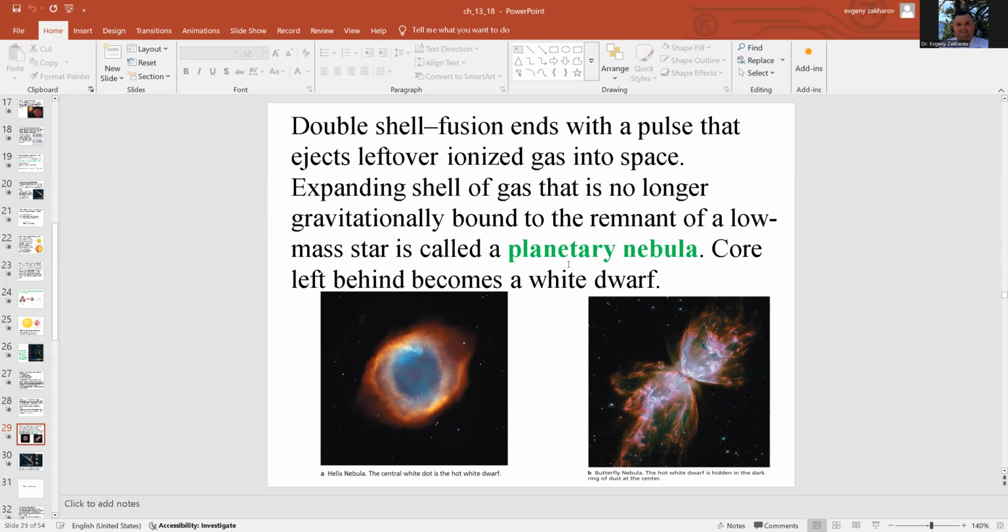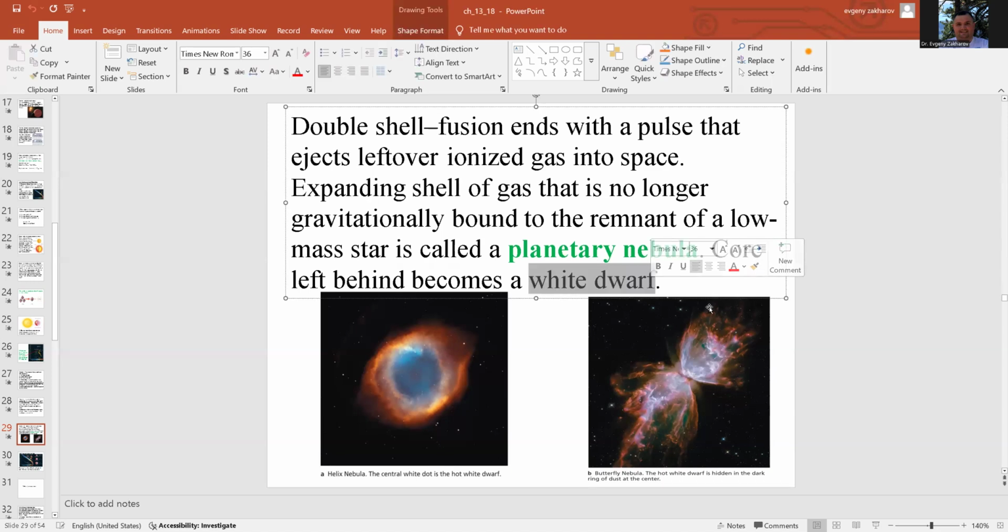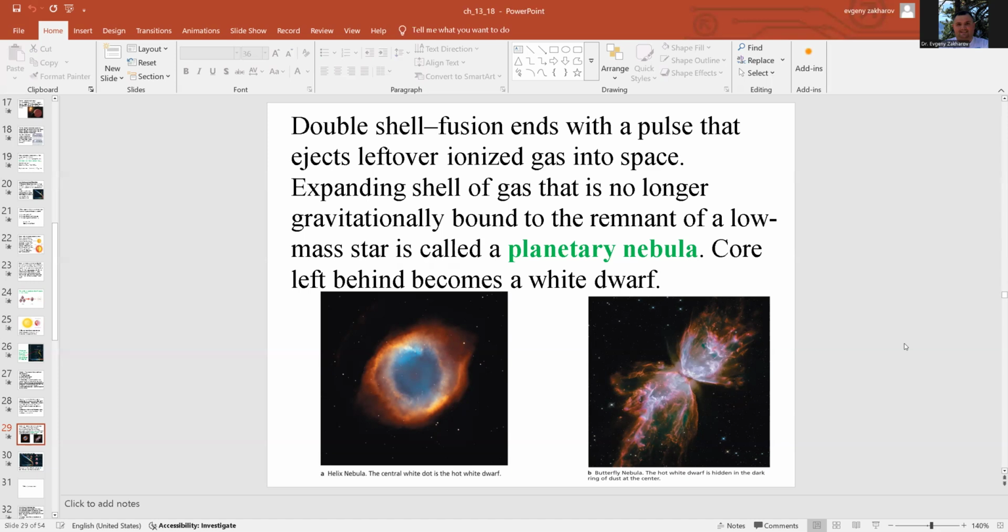So after the explosion, all you have is a white dwarf, and that's the remnant of the star's core. It's very small, so it's a dwarf. It's very hot, but it's going to gradually release all that energy into space and become a black dwarf eventually.